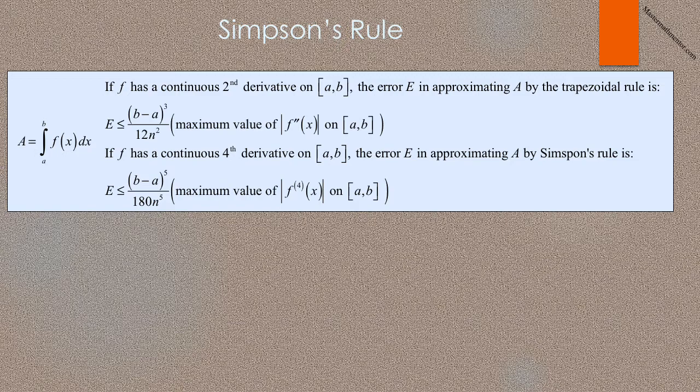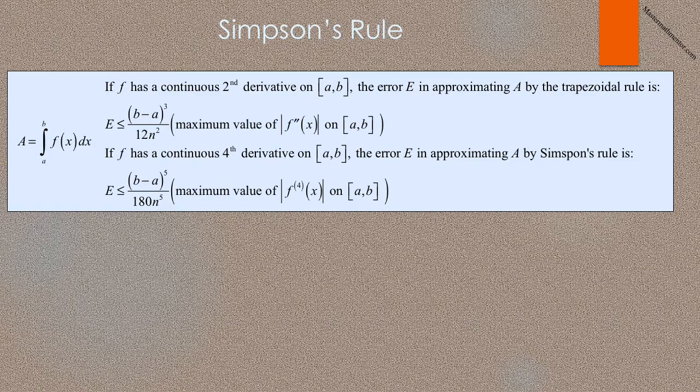So, if A is the integral from a to b of f of x dx, then if f has a continuous second derivative on the interval a, b, then the error E in approximating A by the trapezoidal rule is E will be less than or equal to (b minus a) to the third power over 12n squared multiplied by the maximum value of the absolute value of the second derivative of x on the interval a to b.